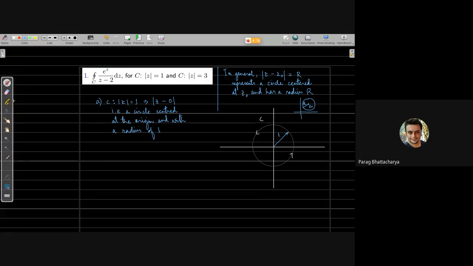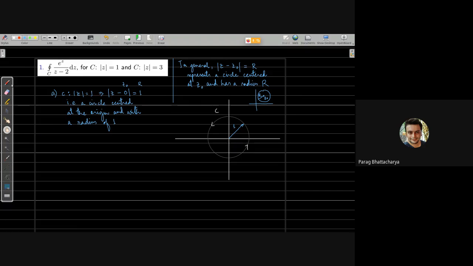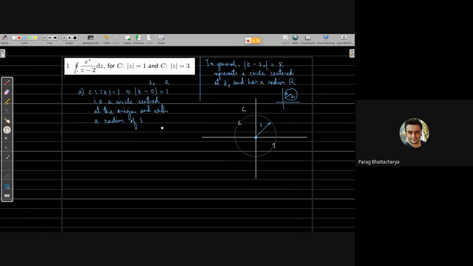So this gives z minus 0 is equal to 1. Immediately we know that z naught is 0 and the radius is 1. So here we are talking about a circle whose center is at the origin, and whose radius is equal to 1.